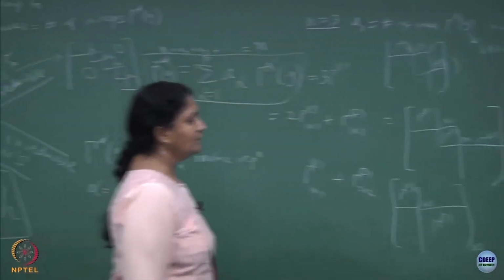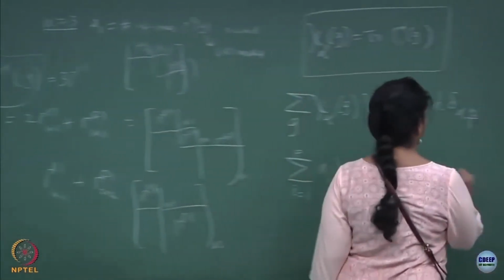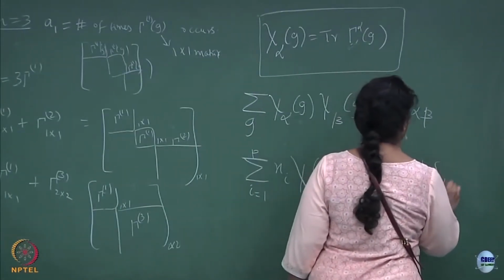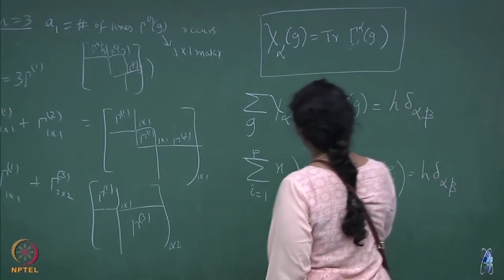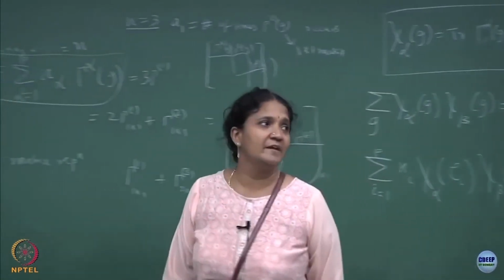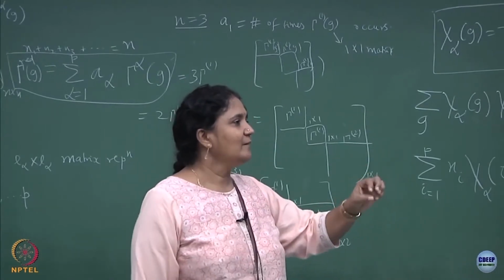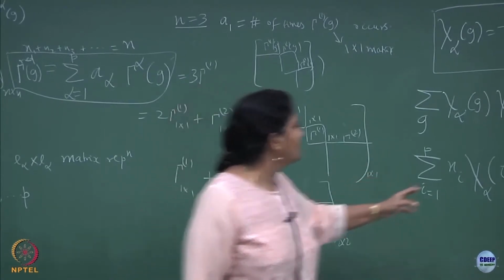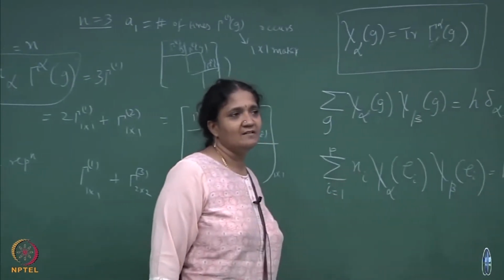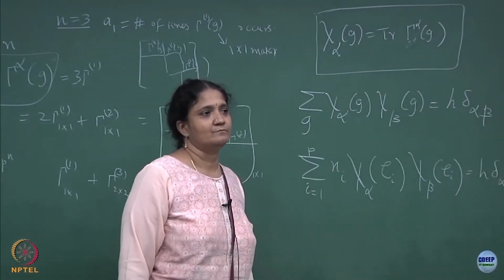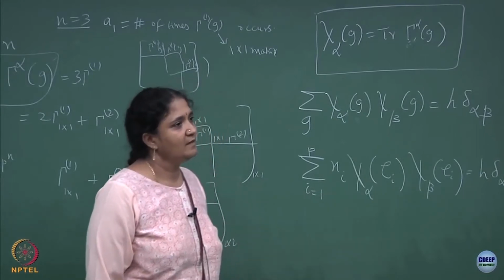Okay. And this will also be exactly h times delta alpha beta. So, these two are equivalent statements. Instead of summing over group elements, you can do it by taking one element in the conjugacy class, but put the number of elements in the conjugacy class as a multiplicative factor. That clear?